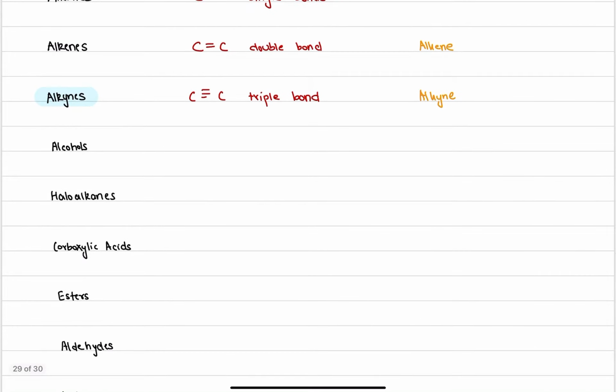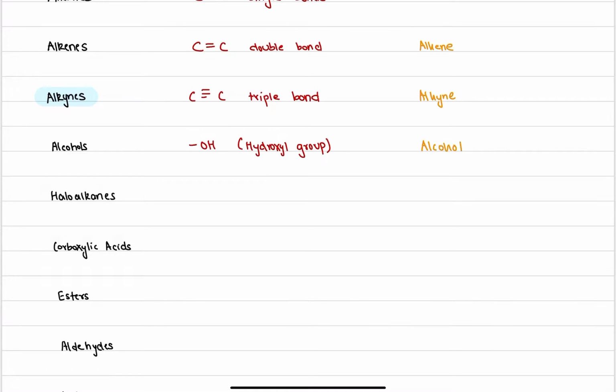All right, then let's move on to alcohols. So, alcohols basically have this OH group, and the very famous name of this OH group is the hydroxyl group. In whichever molecule you see this hydroxyl group present, you will name its functional group as alcohol.